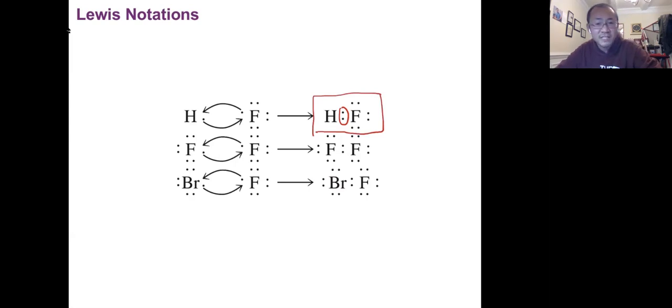You can see everybody satisfies the octet rule. If you understand that, there shouldn't be any problems understanding the bottom two cases, fluorine, F2, and bromine fluoride, BrF. I'll give you a couple of minutes, and please ask questions about the basics of the covalent bond model.